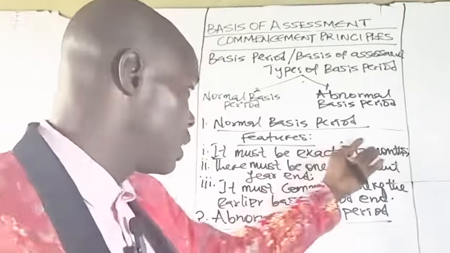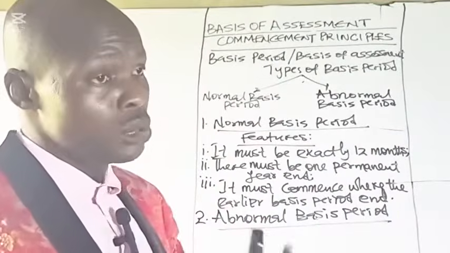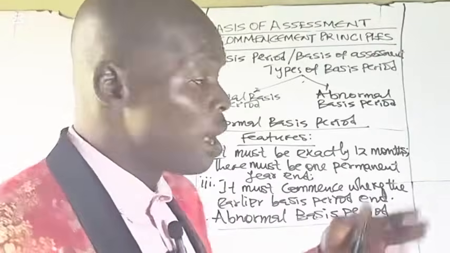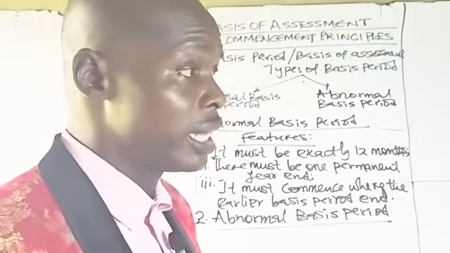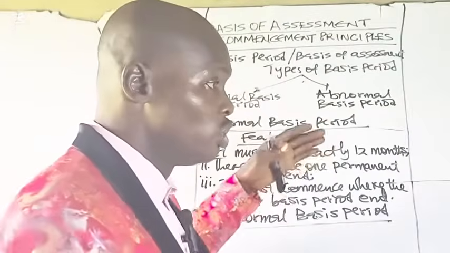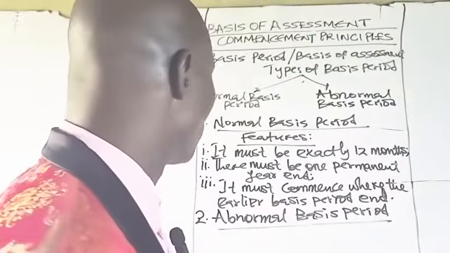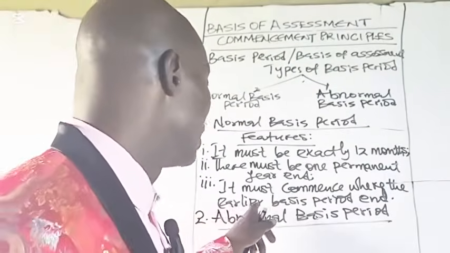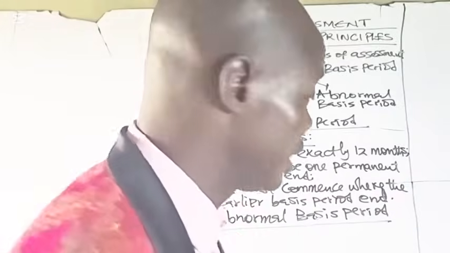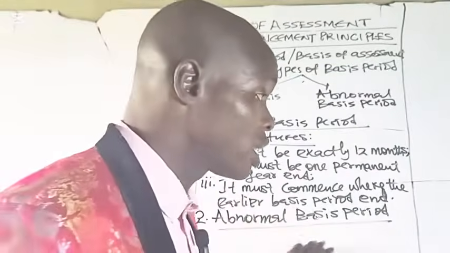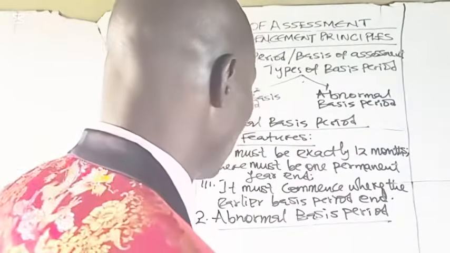And you can have more than one year end. On changing accounting date, you may have June and you may have December. That is abnormal. So number three, it may not always start from where the earlier basis period ends. Those are the conditions for an abnormal basis period.